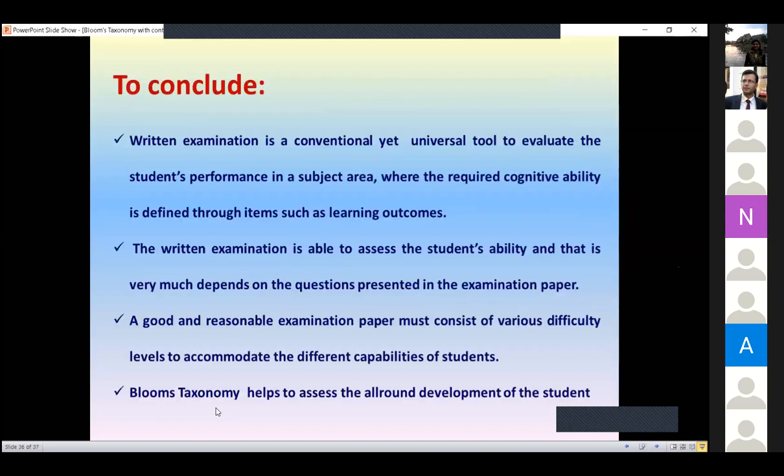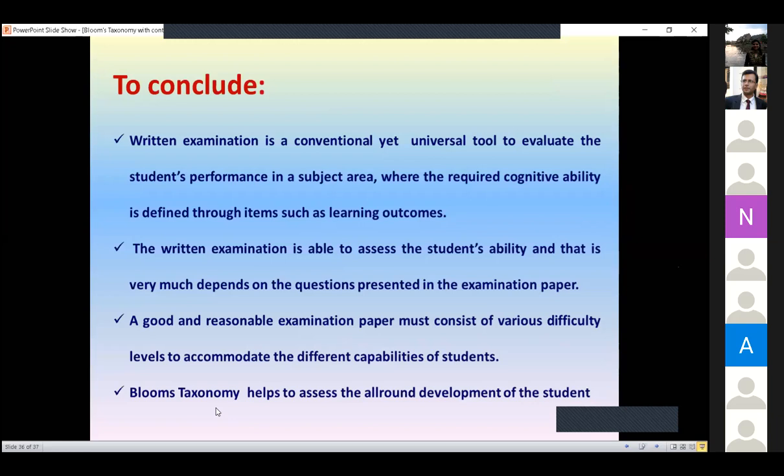So at the end, to conclude, written examination is definitely very important, and we require cognitive ability. The written examination is able to assess students' ability, and it depends on the questions presented in the question paper. If the questions are not up to the mark, we won't be able to assess students' real ability.